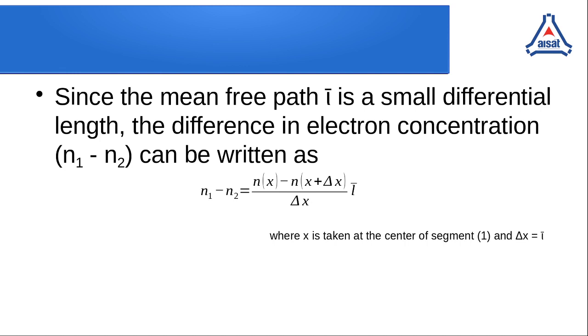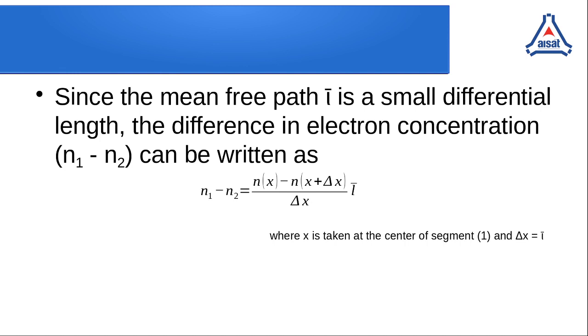So we are just rewriting n1 minus n2 as n of x minus n of x plus delta x by delta x into L bar. Delta x is the same as L bar, which is the small differential length.